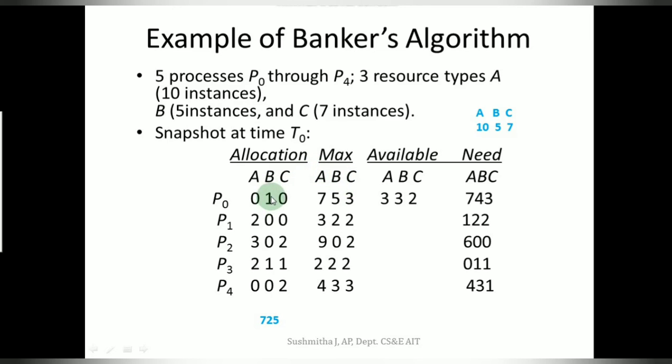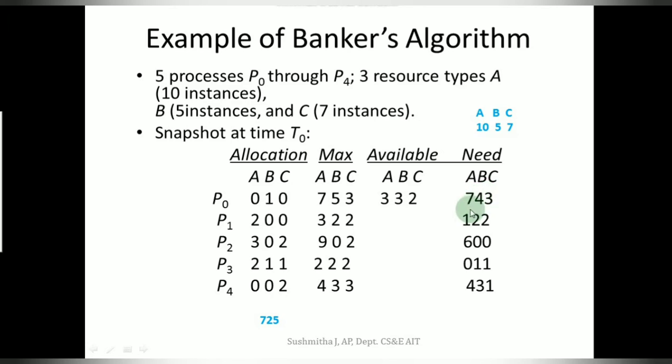Only 1 instance of the resource type B is allocated. Now, as seen in the previous slide, I can determine my need by subtracting max minus allocation.